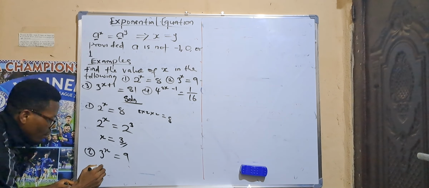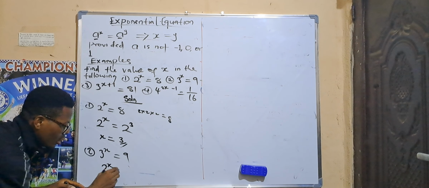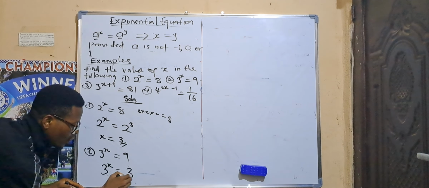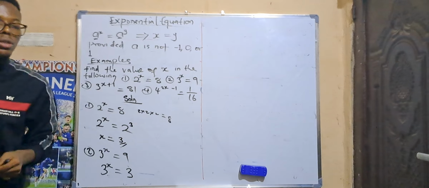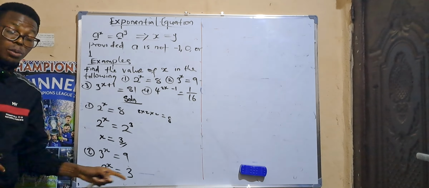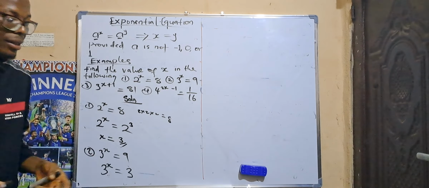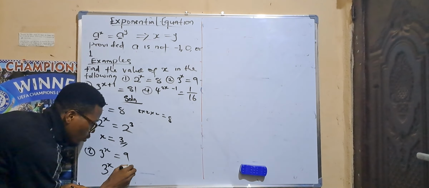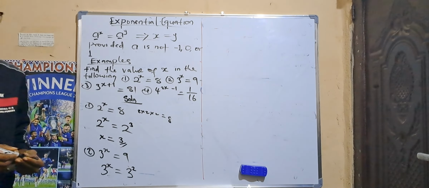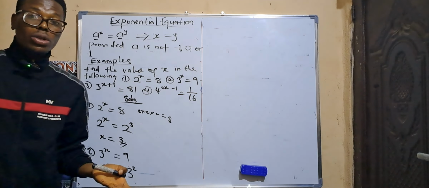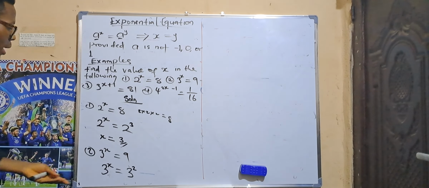So first of all, we have 3 raised to the power of x equal to 3. What number am I going to add on top of this 3 that will be equal to 9? If I put 2, that is 3 times 3, which is the same thing as 9. Now, what will be my answer?